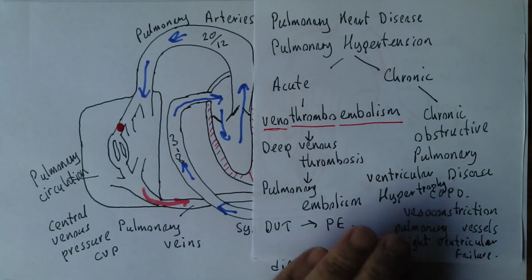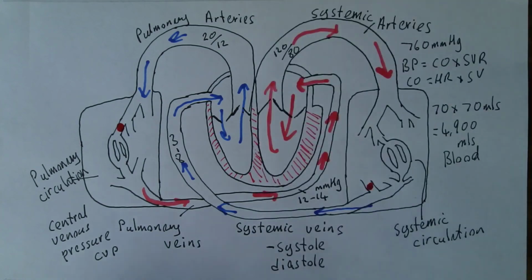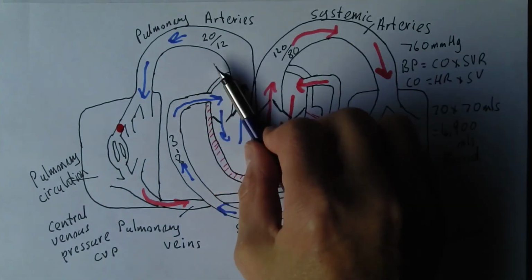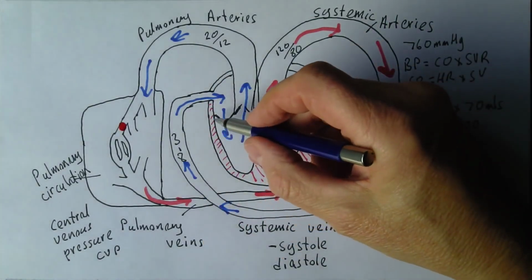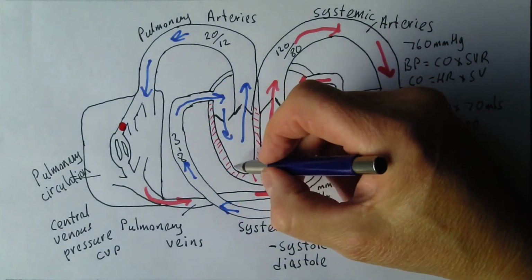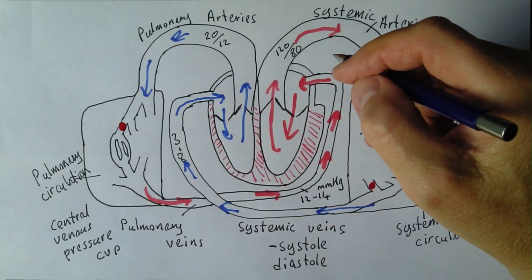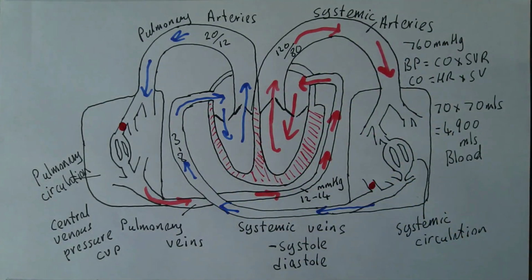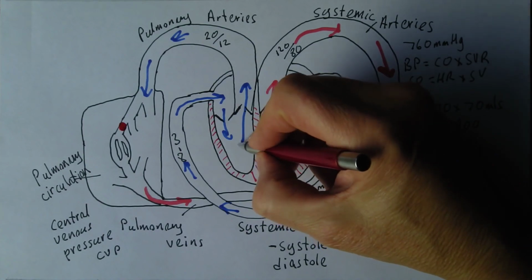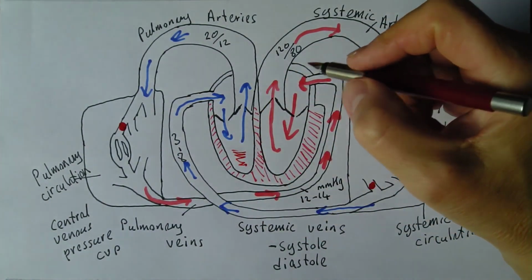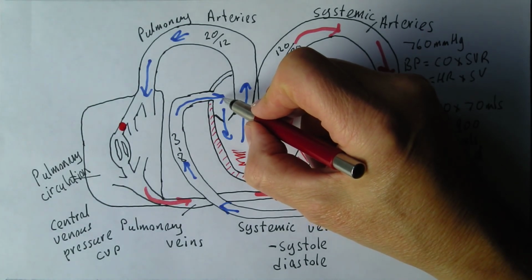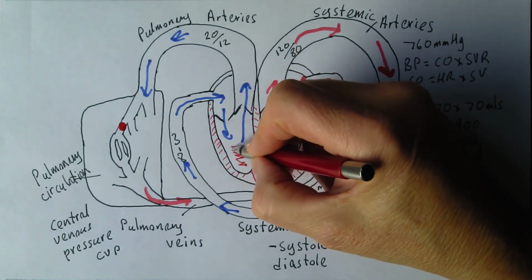Now, if we have right ventricular failure, the right ventricle is not pumping blood out properly anymore, then every time the right ventricle contracts, it's not going to be pumping out enough blood. So you're going to get blood left over in the right ventricle at the end of systole. Is that going to make it easier or harder for the blood to leave the right atrium?